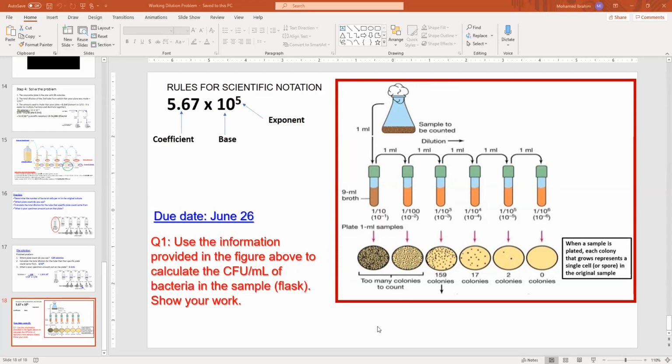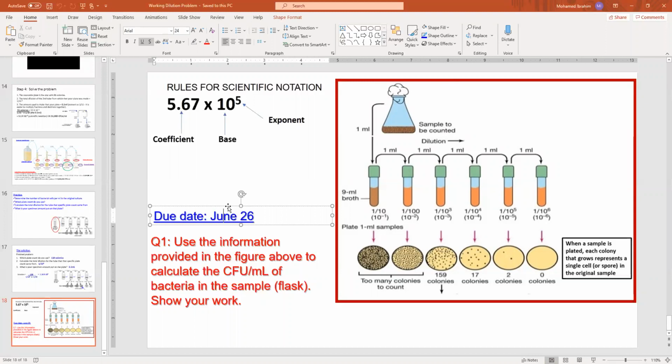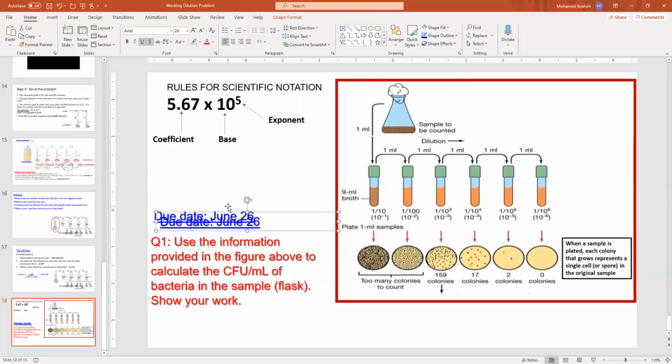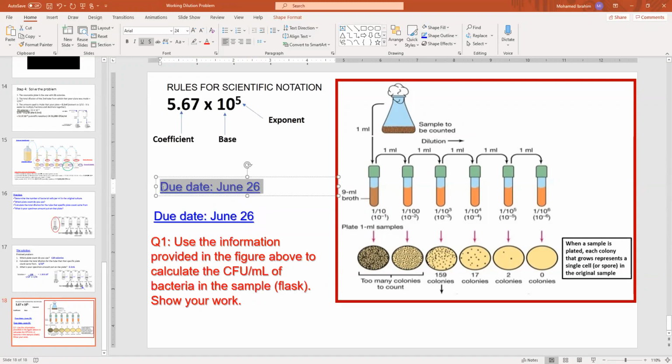Huh, okay. Let me do them very quickly. But if you divide 1, okay, let me do this. Here, it will be 159 again. It is the number of colony, 159, and you need to divide by 10 to the negative 3 and times 1, okay?